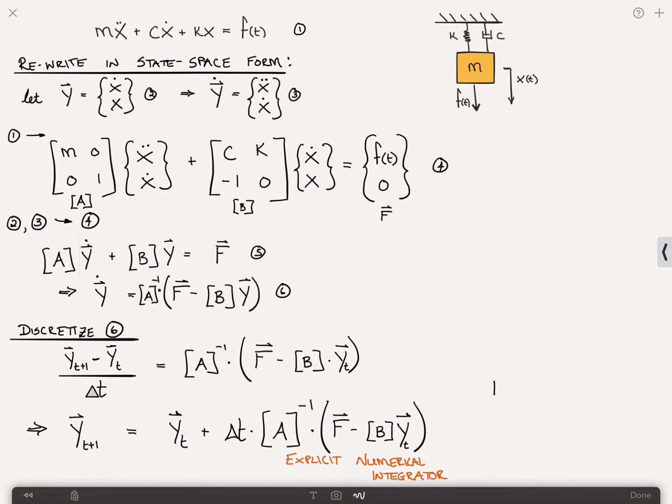Let me write IC. The initial condition is that y at time 0 is equal to x dot 0, x 0. So in other words, by being given x dot, the velocity, and the displacement x at time 0, we know what the initial state vector is at time 0.